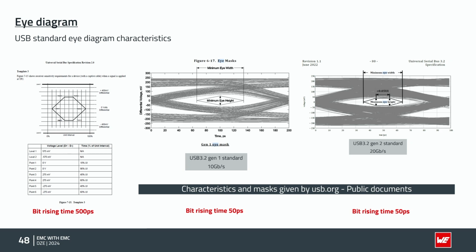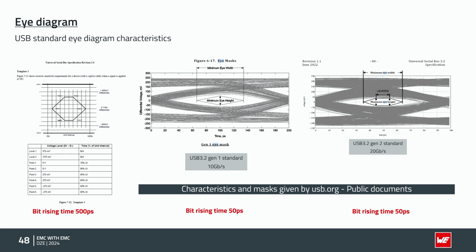And we can look up, or we can check how the eye diagram has to look if we want to have a pass. Of course, depending on the signal speed, or in this case, depending on the USB standard, we have rise times that go up and up and up.